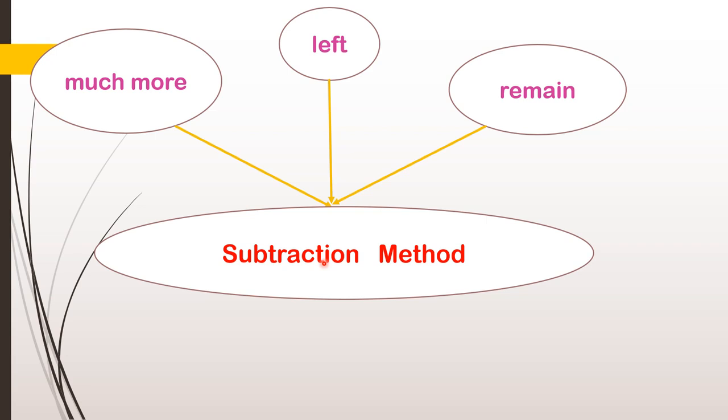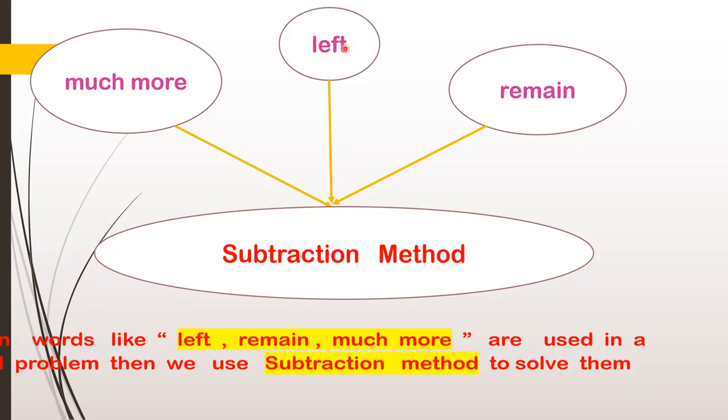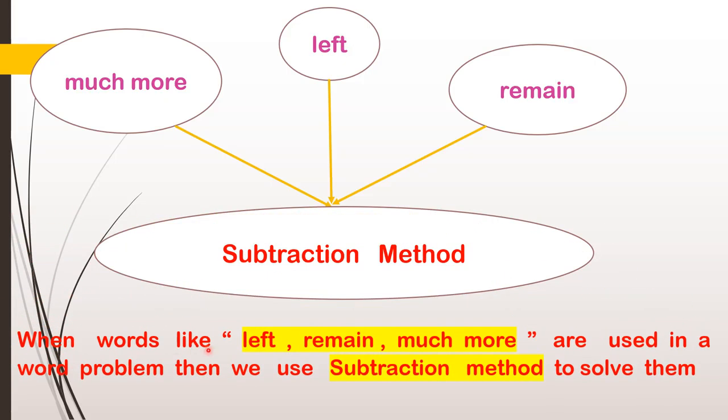He gave his friend 5 marbles. How many marbles are left with him? So you do 10 minus 5 is 5. So you can do it orally. So when words like left, remain, much more are used in a word problem, then we use the subtraction method to solve.